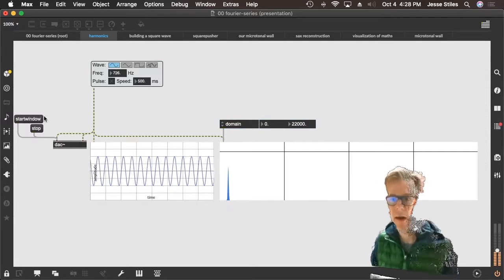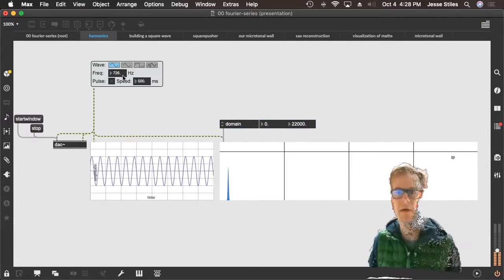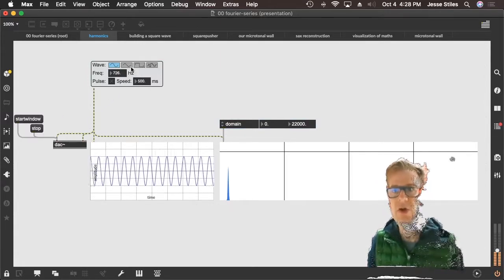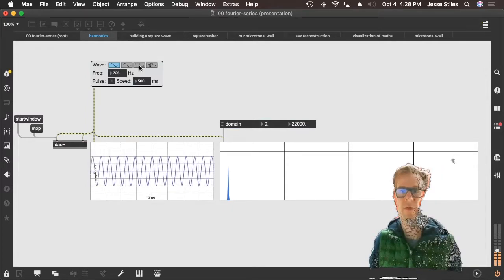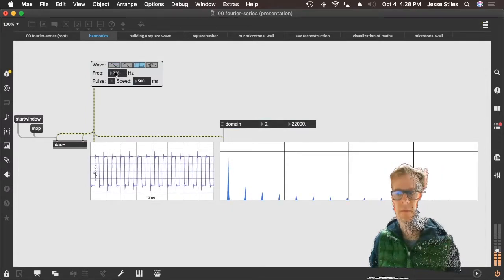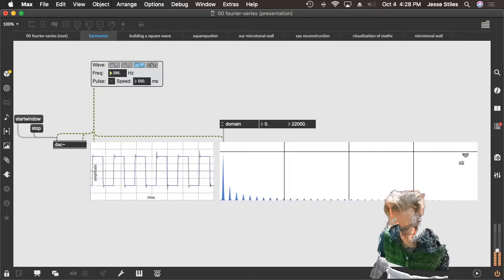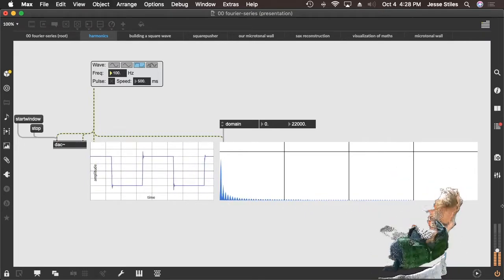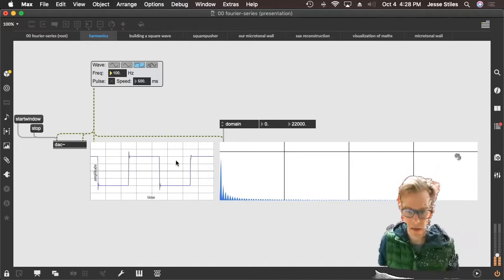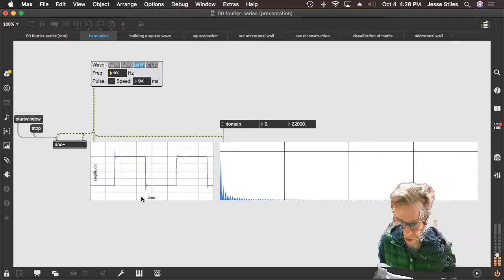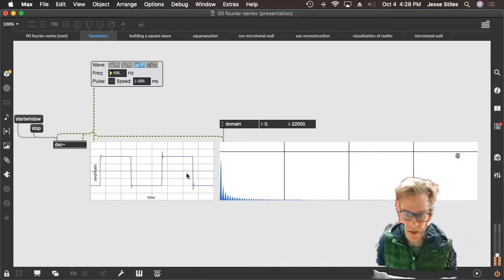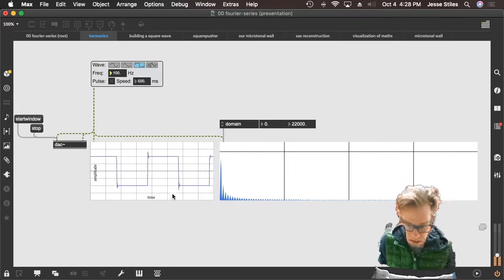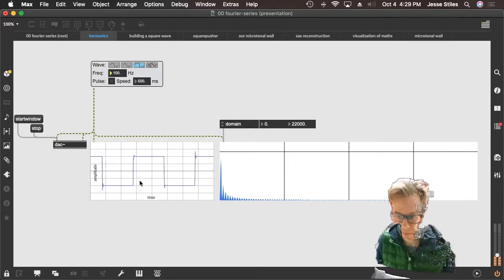Let's look at a more complex signal. I'm going to switch this generator to show me a square wave. And let's bring down the frequency. Okay, so in the time domain, you can see that the shape of this waveform has changed into this blocky rectangular shape.